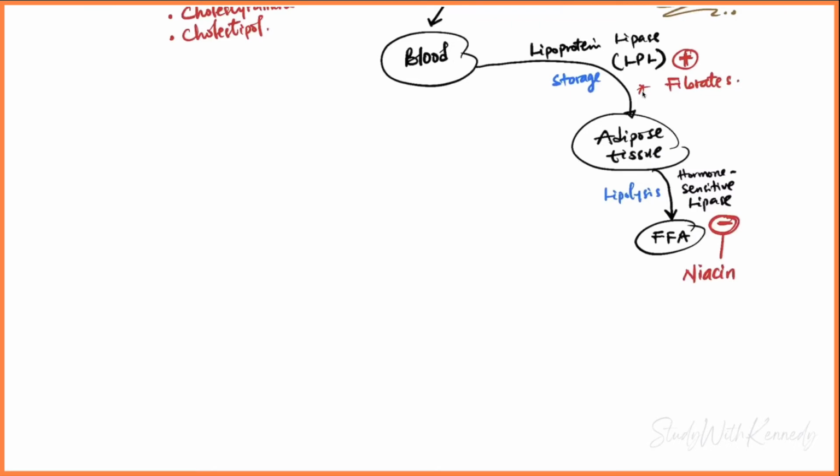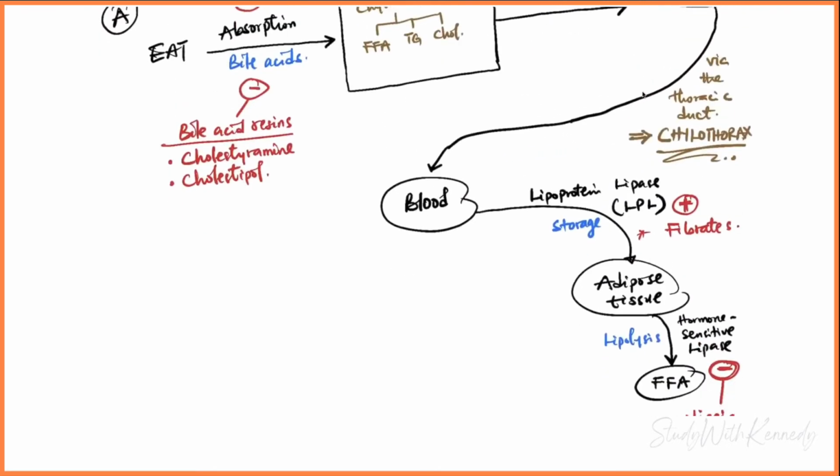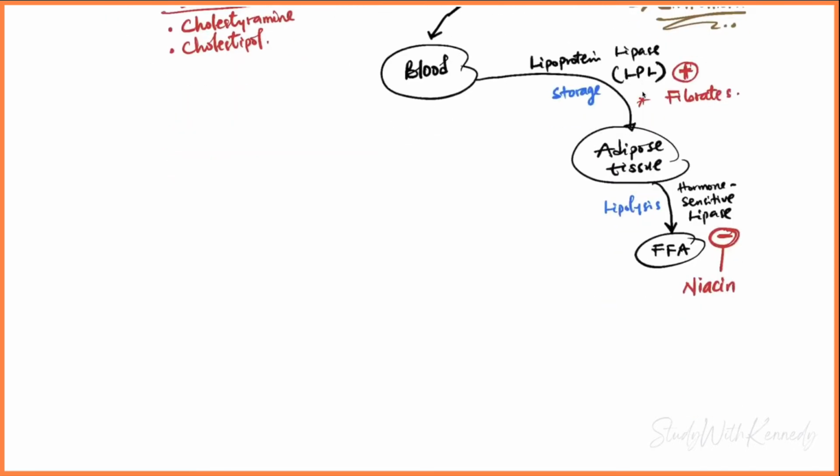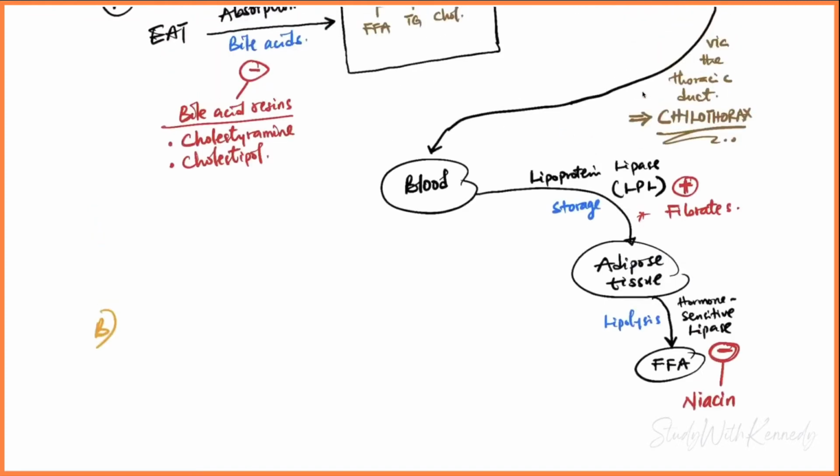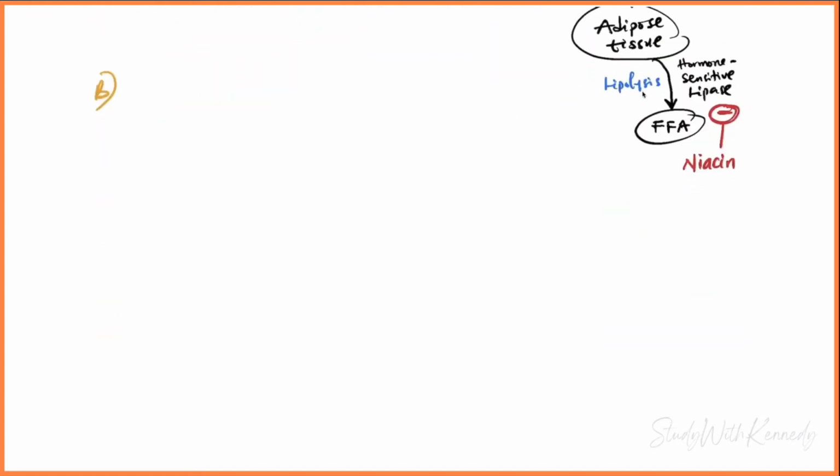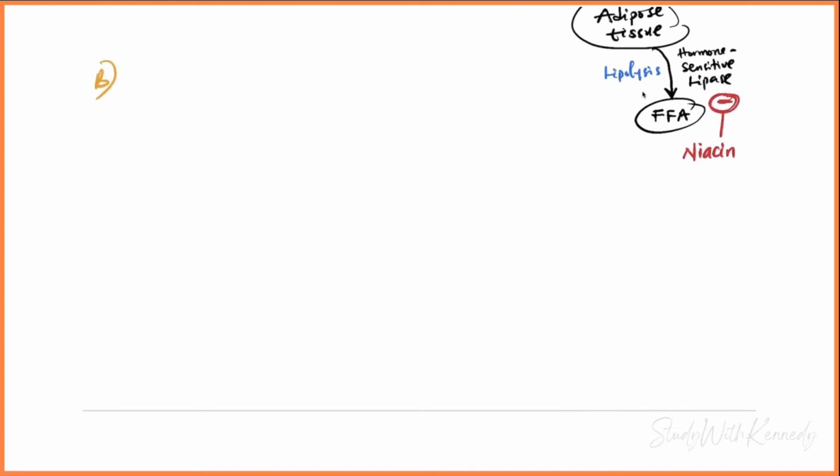The second pathway, which we'll call pathway B here, is the part where the liver itself, our body itself, is actually making cholesterol. Our body makes cholesterol. The liver makes cholesterol.